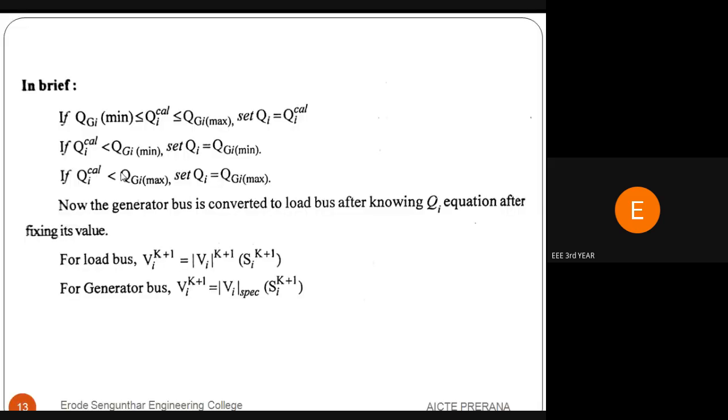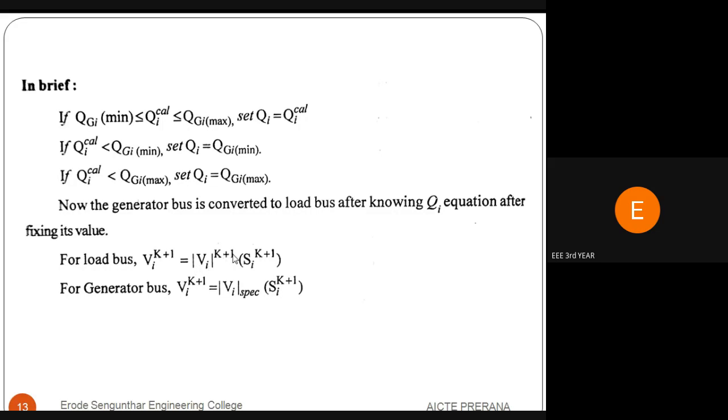If Q_i calculated is greater than Q_G maximum, set Q_i as Q_G maximum. Now the generator bus is converted to a load bus, and the known Q_i equation is used for this fixed value. For a load bus, V_i^(k+1) is equal to |V_i^(k+1)| ∠δ_i^(k+1). For a generator bus, V_i^(k+1) is equal to |V_i specified| ∠δ_i^(k+1).